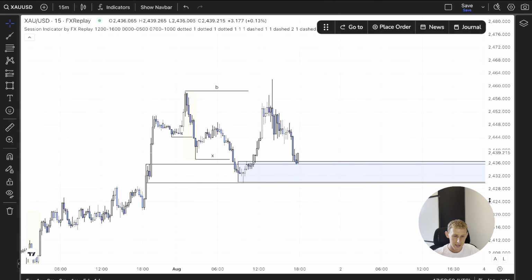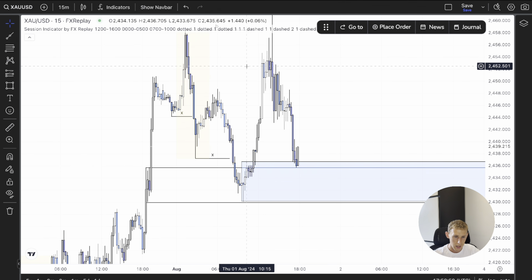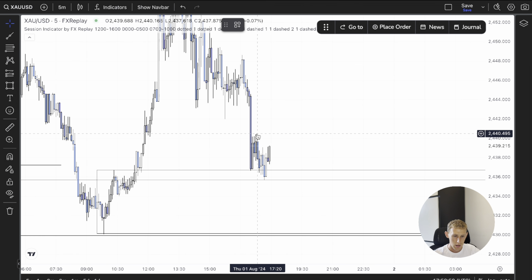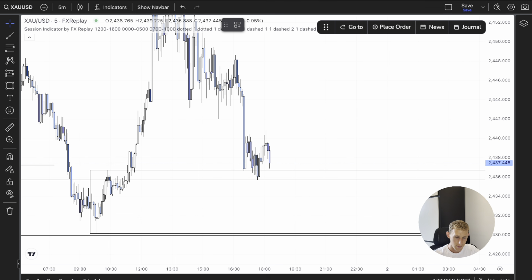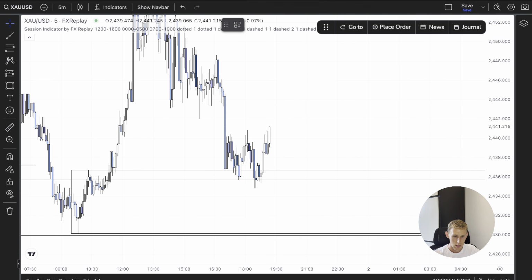Right, there we go. So price has tagged into this area. Again, jumping over to the M5 time frame. Currently want to see this high broken and closed above. Notice how sometimes you get a wick above the structure, very frequently price will come back down, sweep the low, and then make the real move.